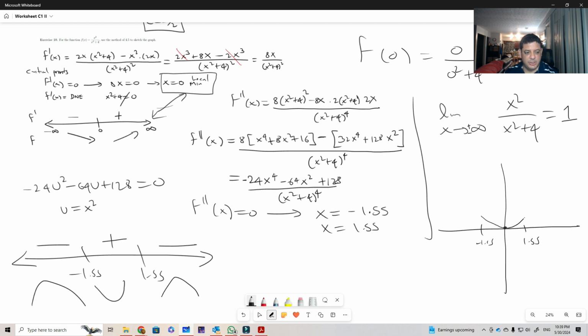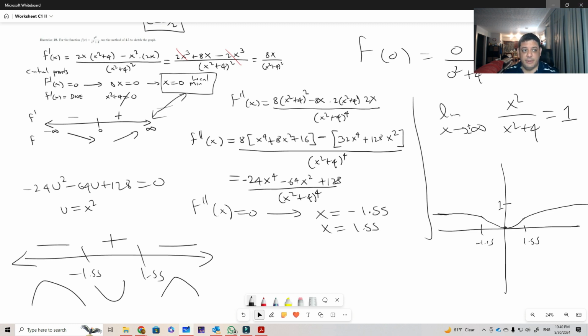But then there's a change in concavity here, and it does something like this. And it flips, and it's never going to be more than 1. So something very flat like this. This is the graph of this function.